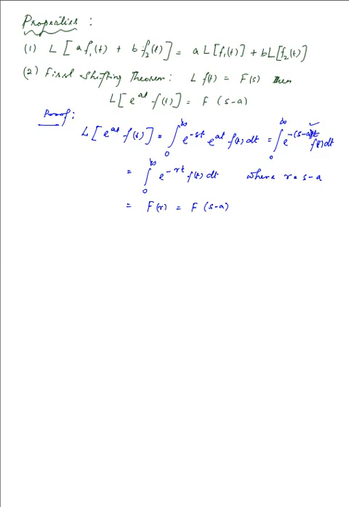In case it's not clear, let me write it clearly for you. Then we take s minus a as r, and with that expression of the integrand, from 0 to infinity, exponential of minus rt f of t dt takes us to the Laplace transform of f at r.